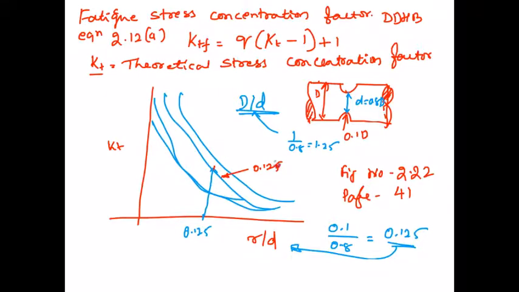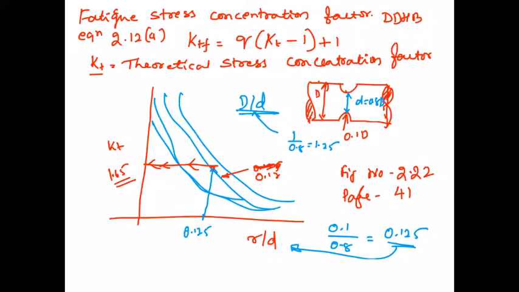From here onwards you just draw a line on left hand side, then you notify what is the value of KT. So now in this case you are going to get approximately 1.67. Now I am just writing here 1.65. You refer design data handbook and solve properly.